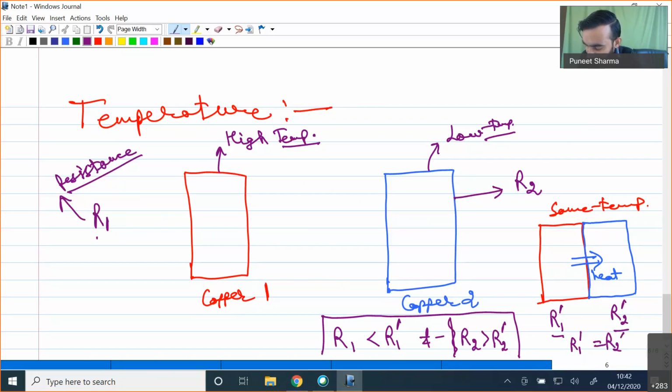Okay, now if you repeat this experiment a number of times, then irrespective of the number of times, you will find that every time there is thermal contact between the two blocks and they reach thermal equilibrium, the value of resistance of both the blocks becomes the same.